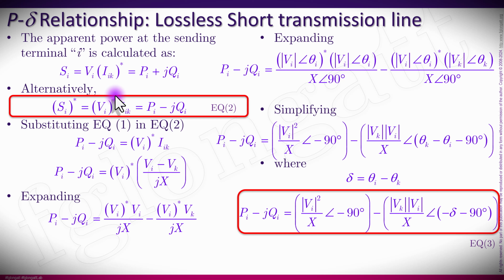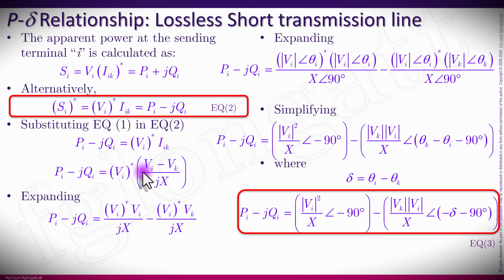And here in the middle, the complex conjugate of the current disappears, and now we have the phasor representing the sending voltage. From there, I will substitute the equation that we obtained in the previous slide, defining the current in this series reactance.